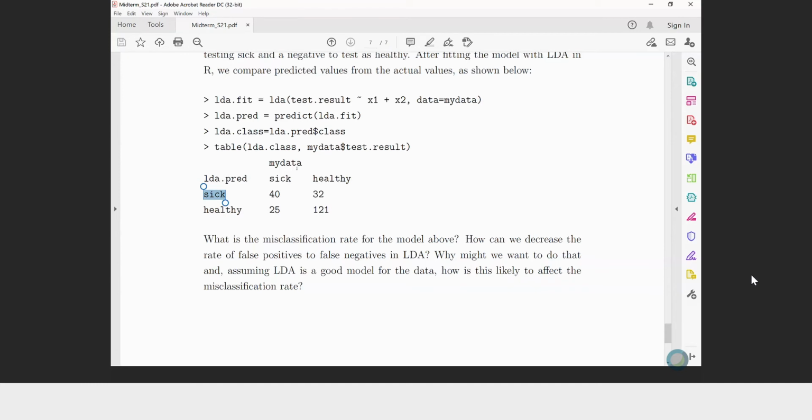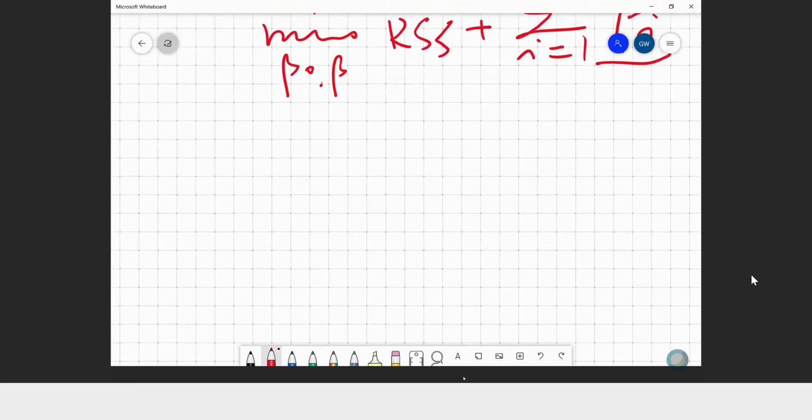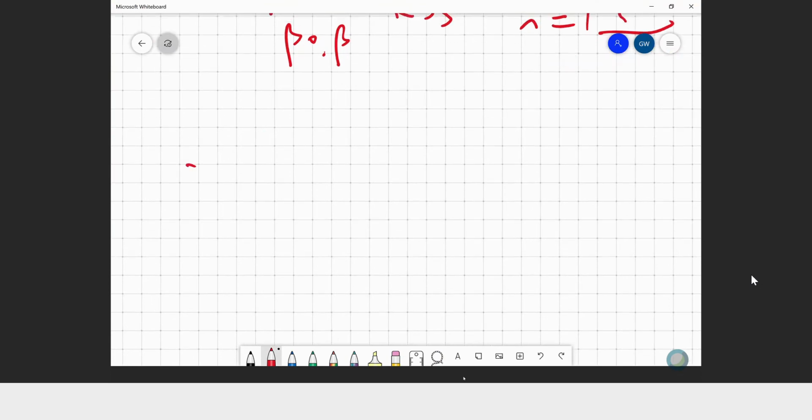Okay, then we can take a look at the second question. How can we decrease the rate of false positives or false negatives in LDA? This is what it looks like for LDA. How do you do that? Roughly, you use a graph and you quickly get it.